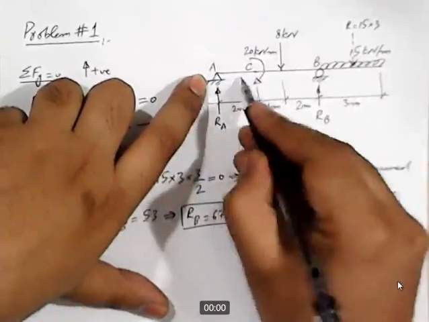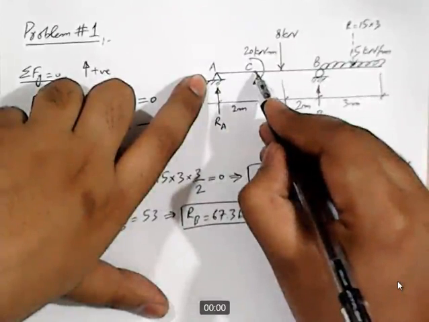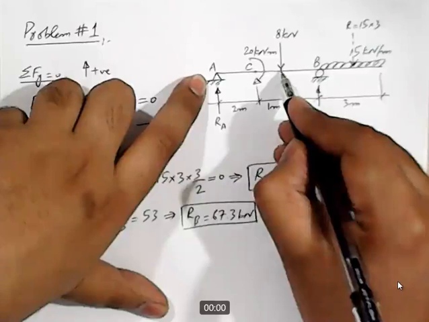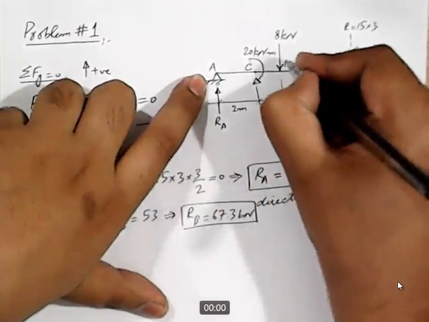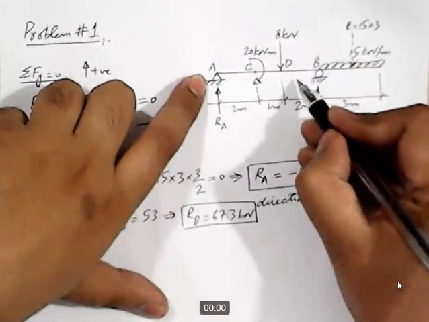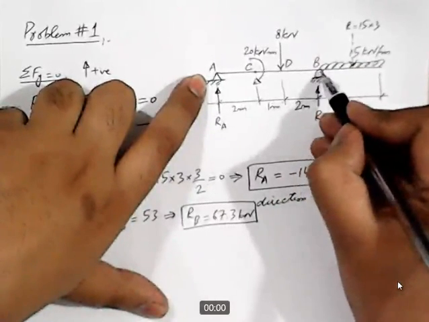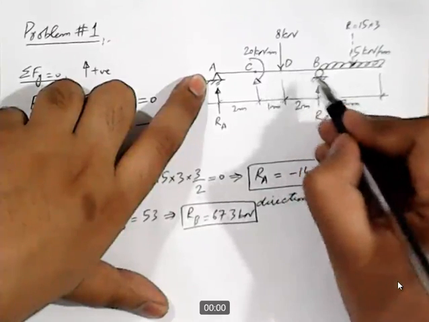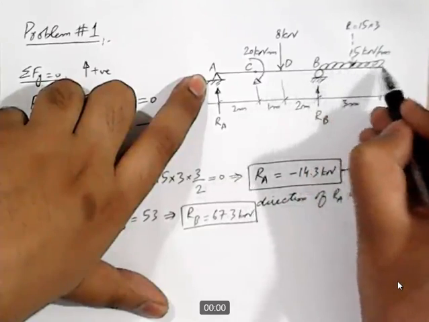So AC is one portion, and then if we move further from C, we come to this point where we have a point load. So this point should be another dividing line. We'll call this point D, and then we have a support here at point B, so definitely DB will be one portion. And then we have this overhang.